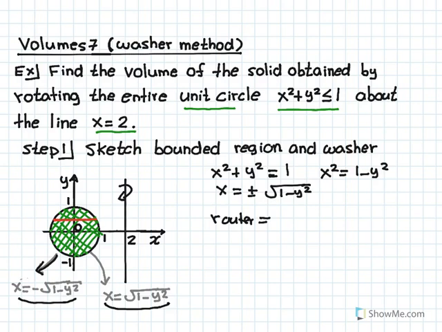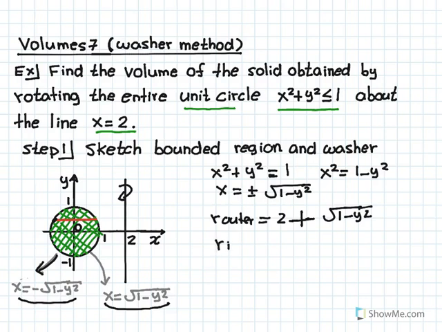So the outer radius is going to be 2 minus the x value that belongs to the left part of this circle. So it's 2 minus minus root of 1 minus y squared. And of course, minus minus is plus, so the outer radius is just 2 plus root of 1 minus y squared. It makes sense that we would add it because it has to be more, not less.